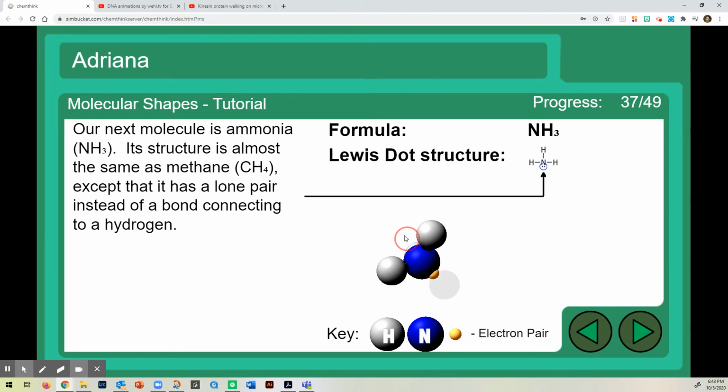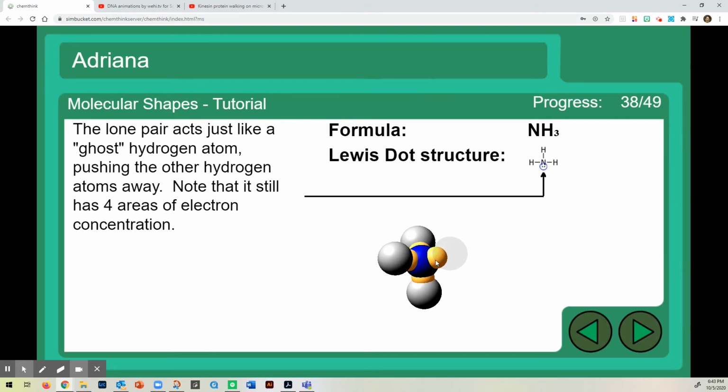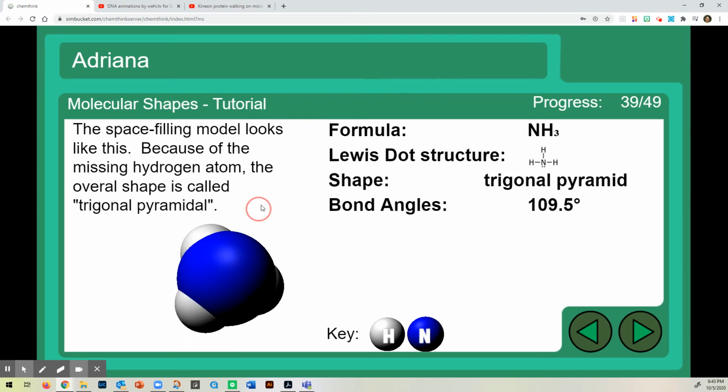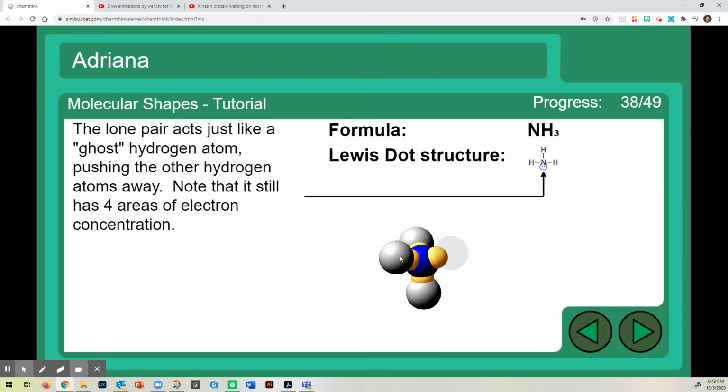So if we counted the lone pair, it would have a tetrahedral shape. But really what ends up happening is we get a shape that looks like this. It's kind of like a pyramid. It's called trigonal pyramidal. So instead of being trigonal planar, as in flat, it's trigonal pyramidal.